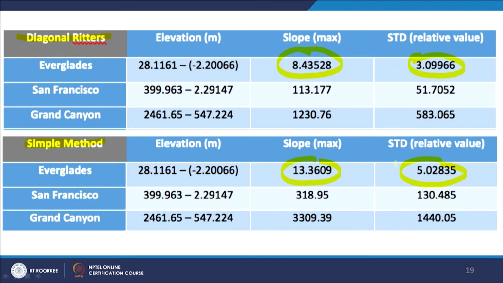So, different for different terrains. This is the point which I have been mentioning. If a lot of variations are present, results are going to be different. If fewer variations are present, results are also going to be different, no matter what method you employ.